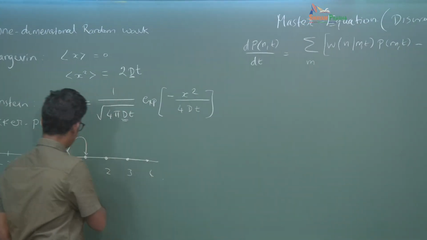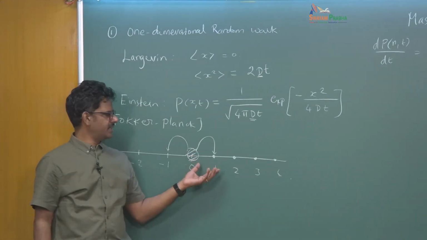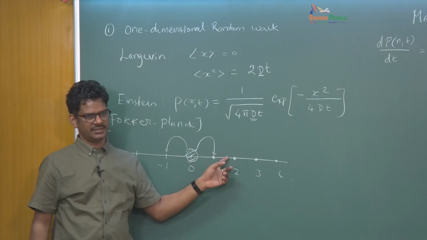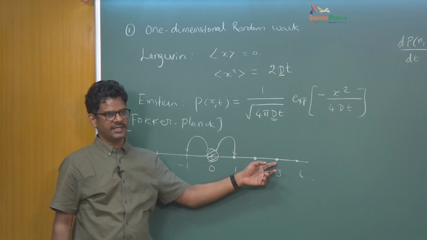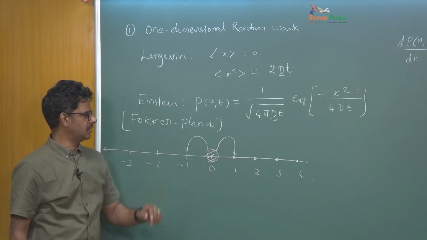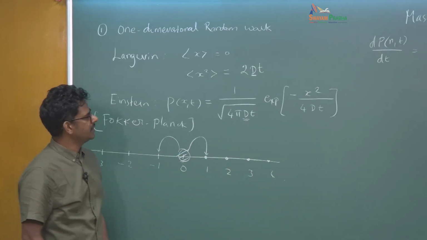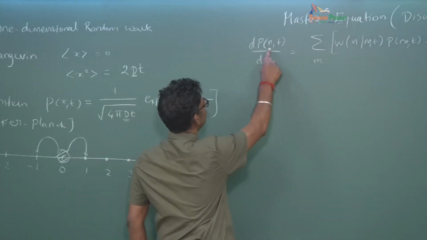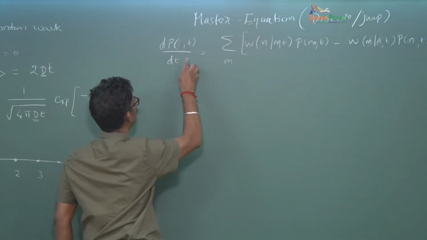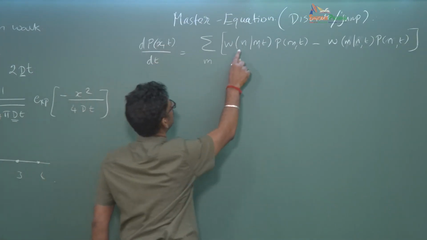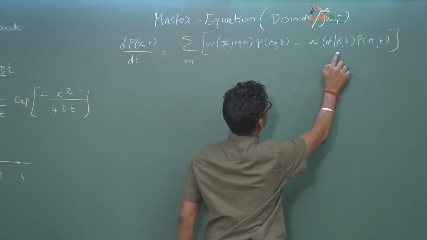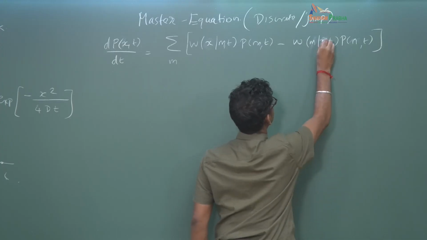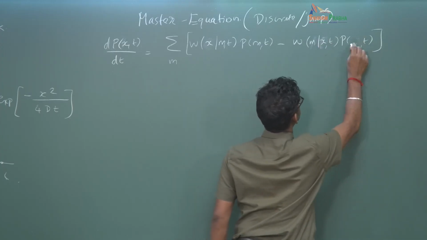If you look at the way we think about this problem, a particle can be at any position at some place x, and then it can go to either x plus 1 or x minus 1. So I will change the variable into x, because we are talking about position. This is also x. This is also x.